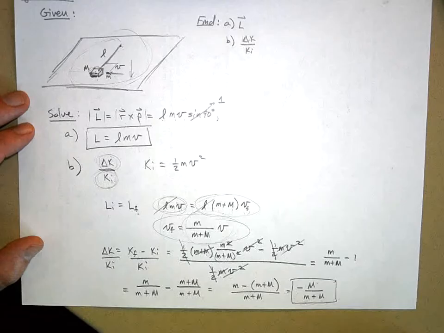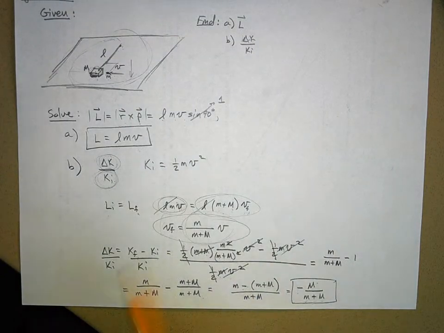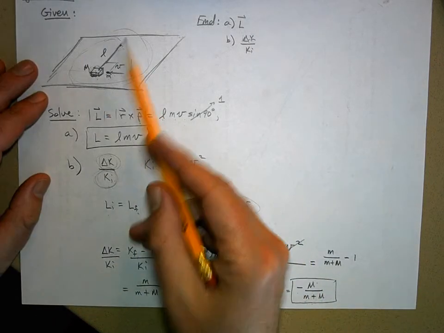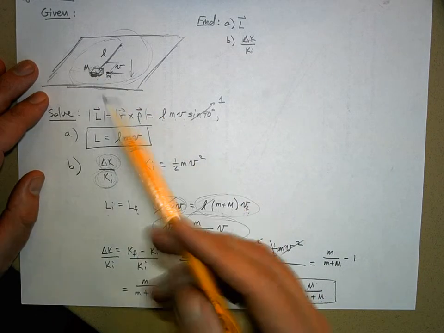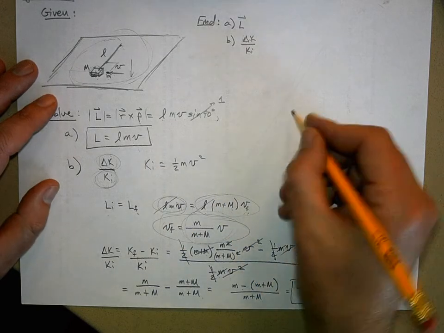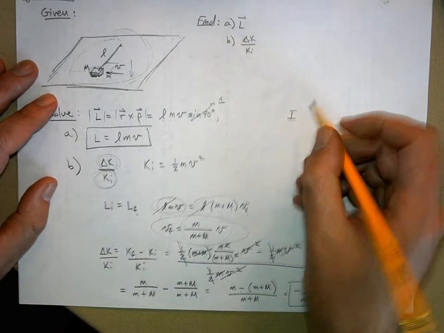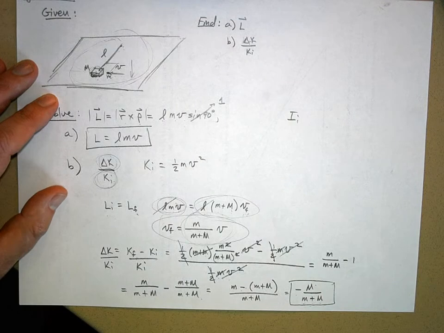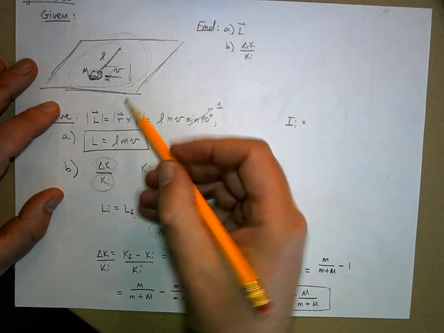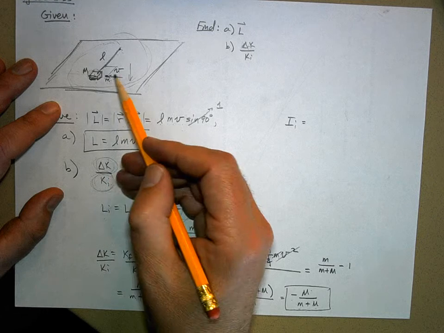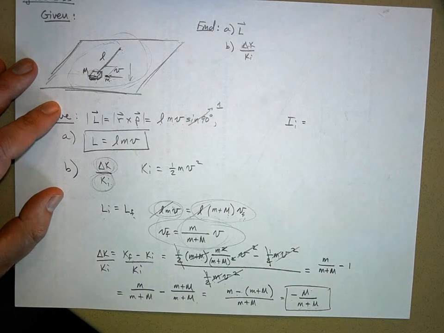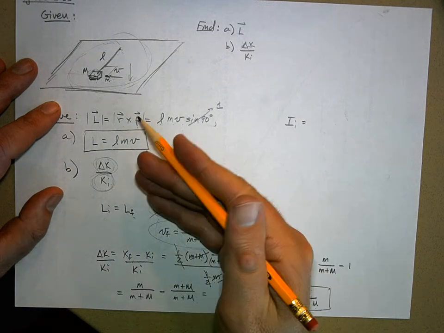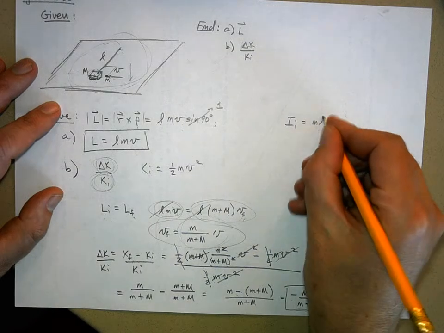So it's pretty messy. It is pretty messy. And there's multiple ways to do it. Now, you were talking about angular, rotational inertia and all that. Remember that these are particles, and that the initial rotational inertia of this system is just the rotational inertia of this mass, which is mr squared, which is ml squared.